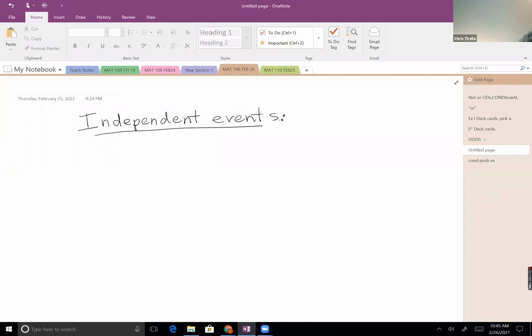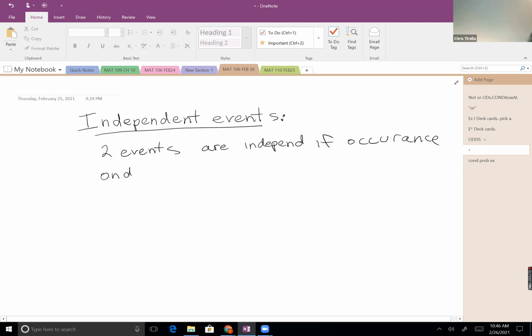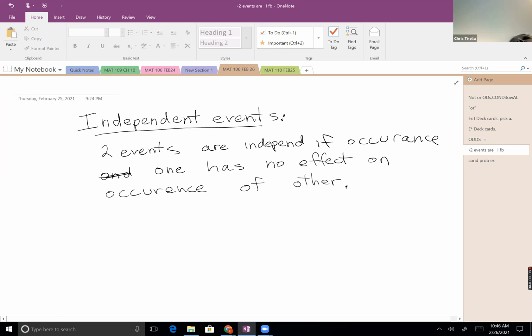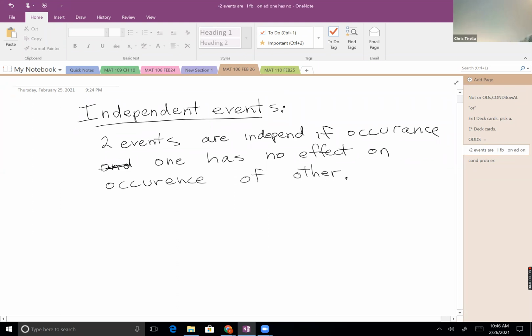We're going to say two events are independent if the occurrence of one has no effect on the occurrence of the other. One doesn't influence the other in any way at all.